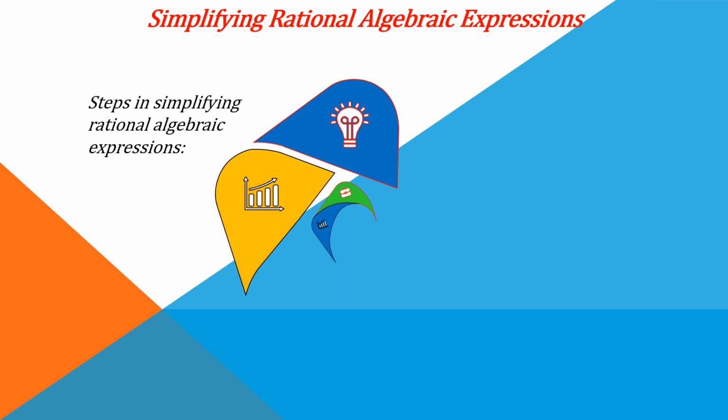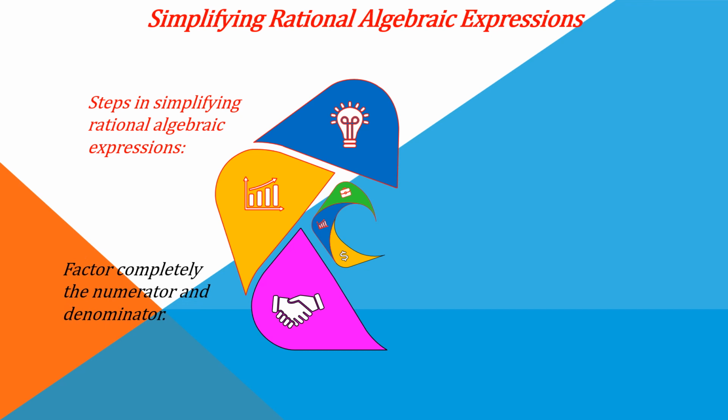Steps in simplifying rational algebraic expressions. Step 1: Factor completely the numerator and denominator. When we say factor completely the numerator and denominator, we need to use our knowledge in factoring.